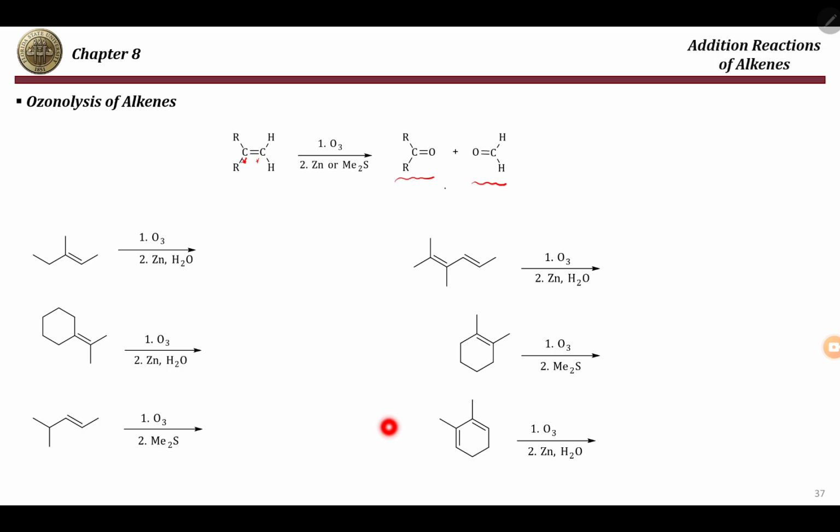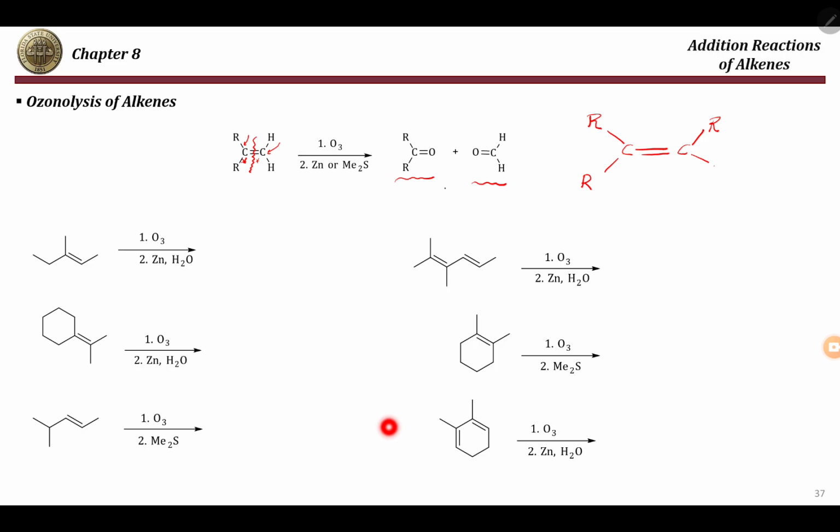First of all, how do we draw the structure of the product? Simply what you have to do is that you have to cleave, you have to break this bond, and then give an oxygen to this carbon here and an oxygen to this carbon here. So for example, let's say this is my alkene.